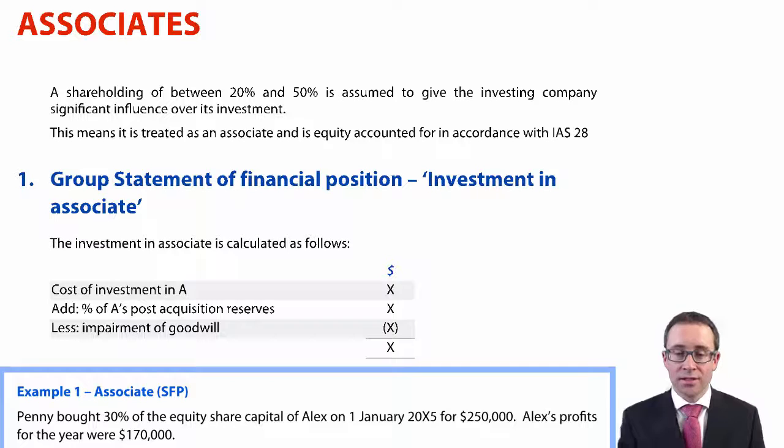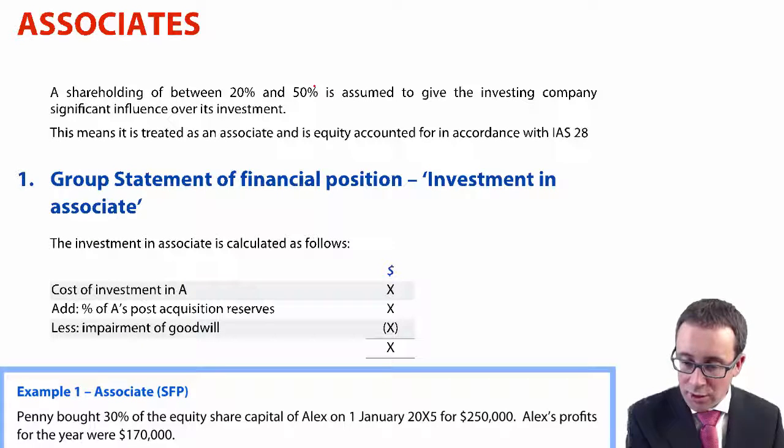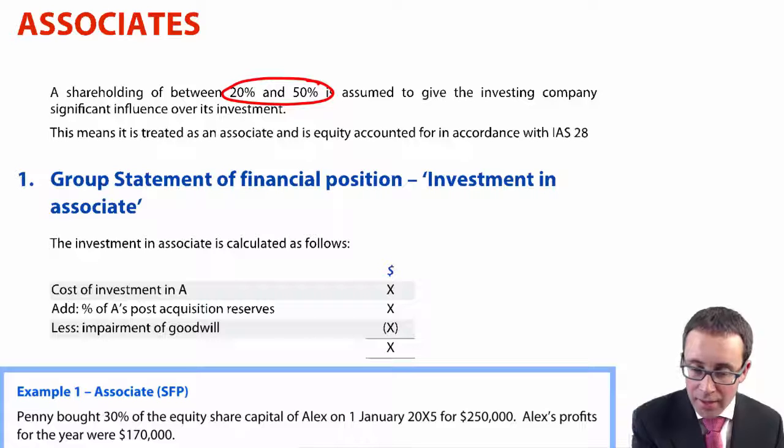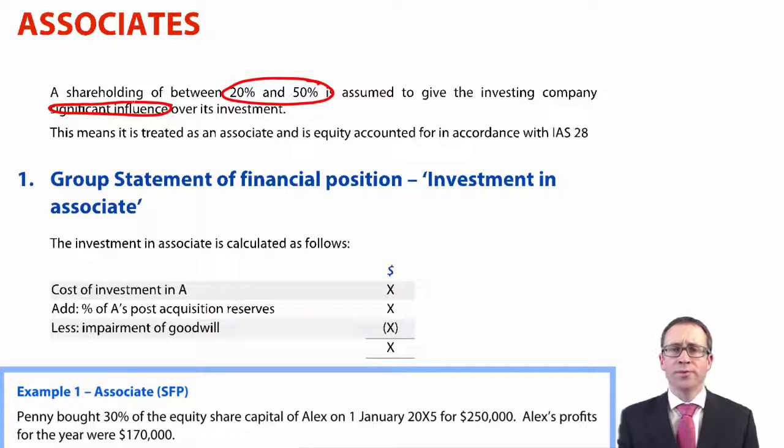Maybe we own less than 50%. And if that's the case, if we own somewhere between 20 and 50% of the shares within an entity, then what we can assume there is that we have significant influence, okay? Because without having 50%, you can't pass an ordinary resolution, can you?